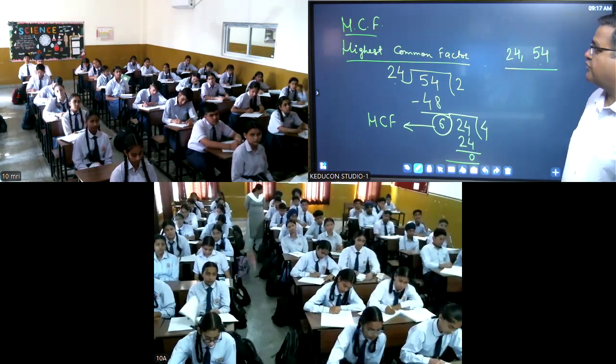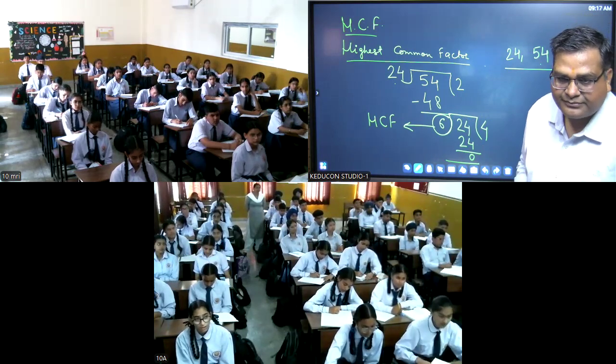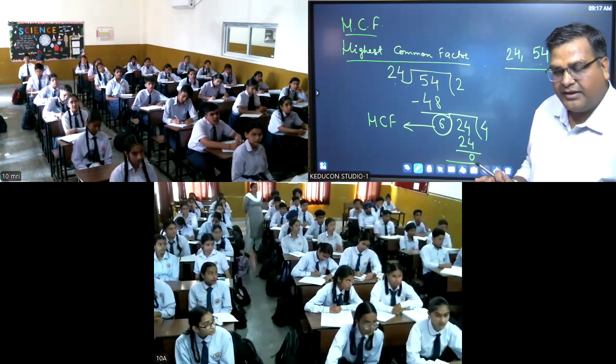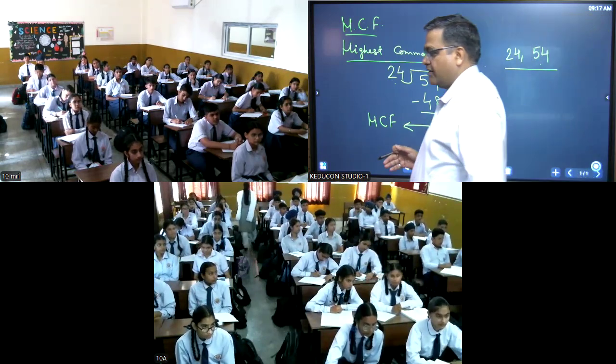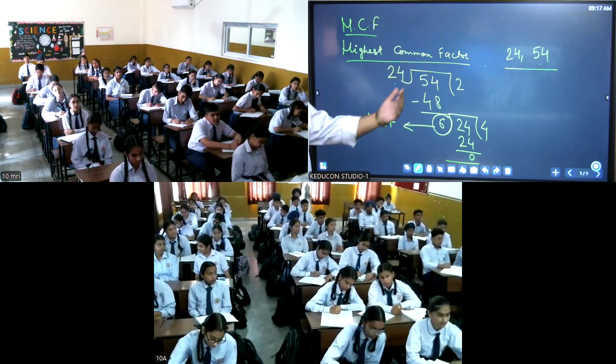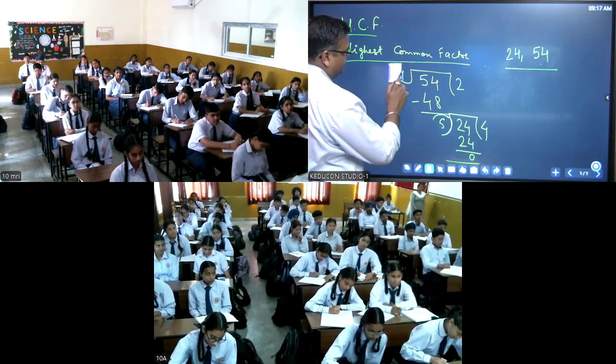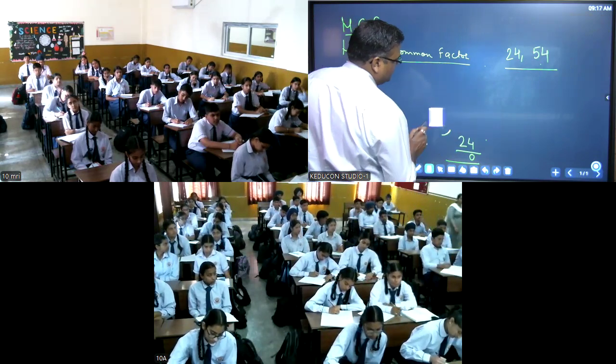Now, if we have to find the LCM, what is LCM? Least common multiple, the lowest common multiple, right? So whenever you have to find the least common multiple, how will you do it?